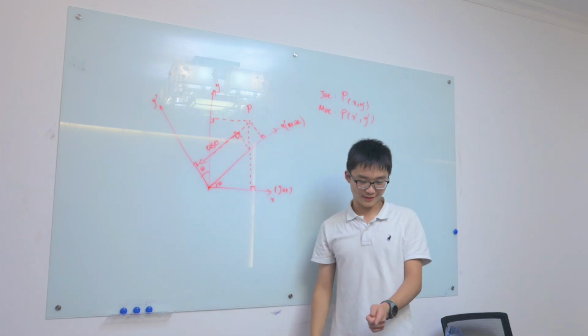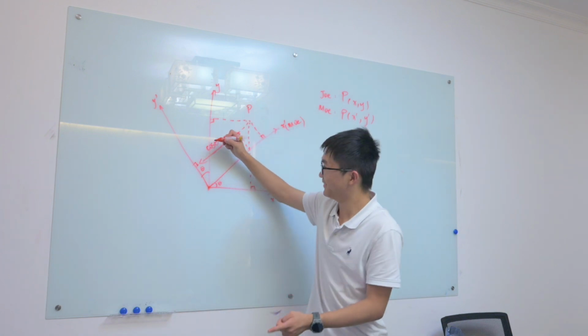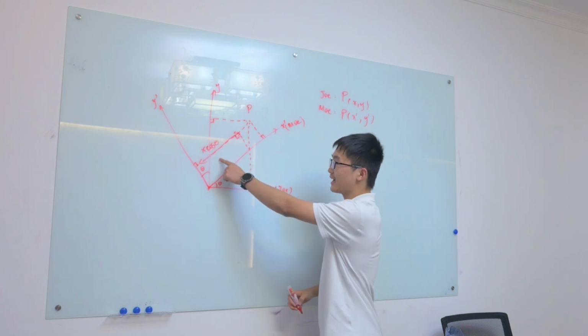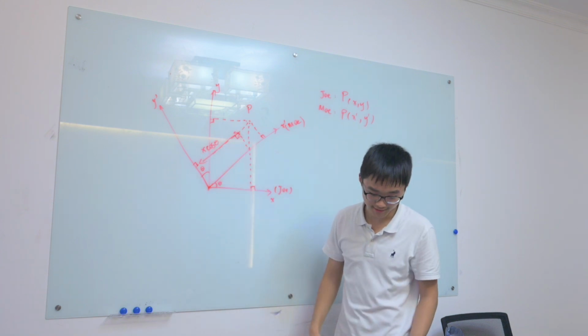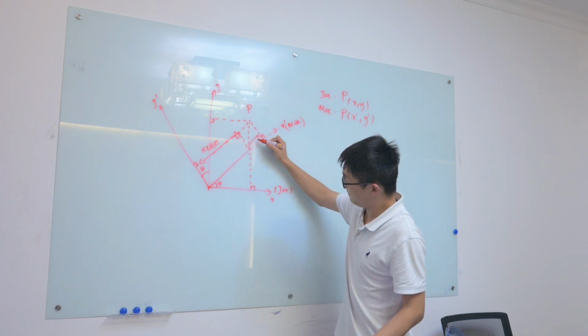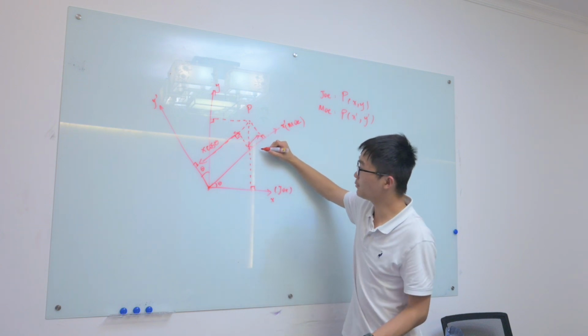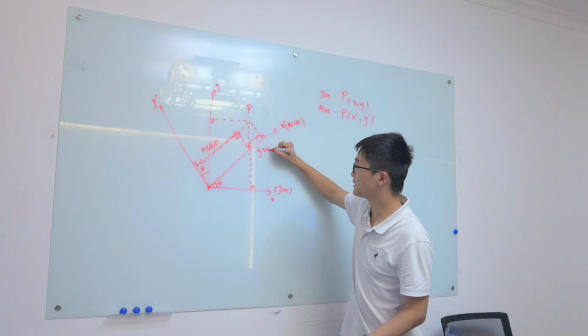For the math, I'm not going to explain too much. So this length is x times cosine theta, and for this length over here, we will get y times sine theta.